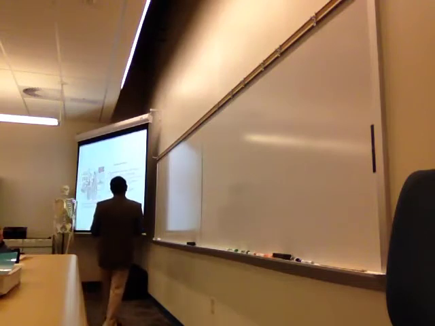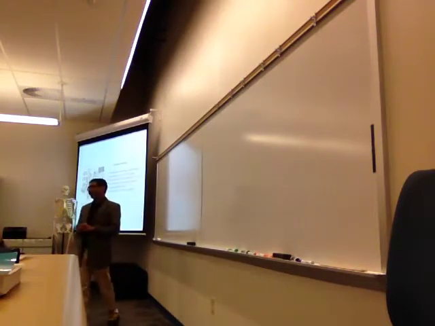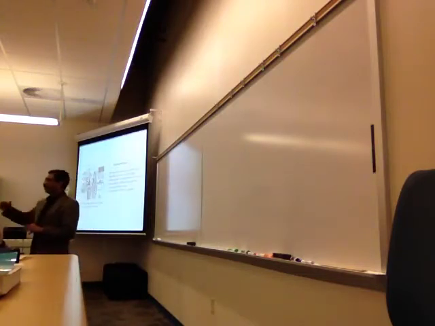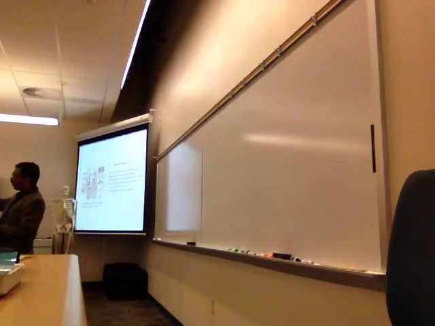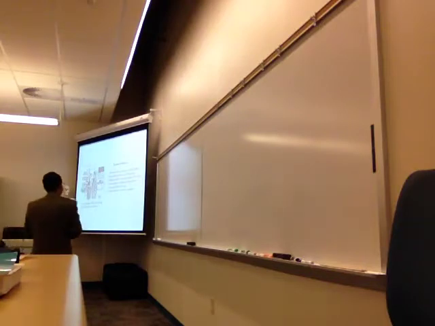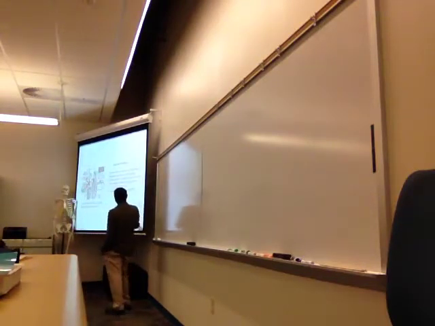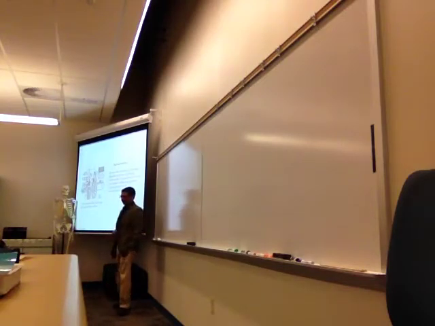Then we'll talk about different levels of organization of the human body, from its lowest or smallest to the highest or largest level of organization. Then we'll talk about different body systems.